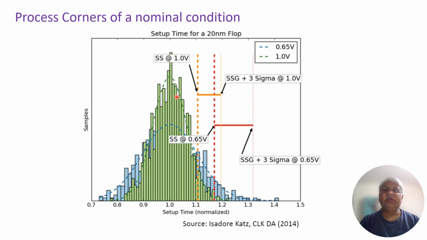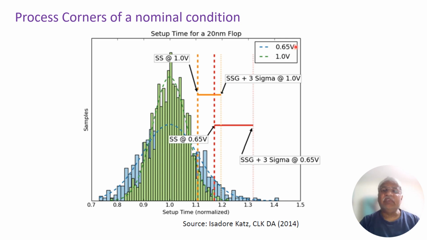If you observe SS 1.0 and SS 0.65, that means we are analyzing two different conditions. So the green one is the 1.0 curve. The same for the SS corner at 0.65 is represented by the blue curve.